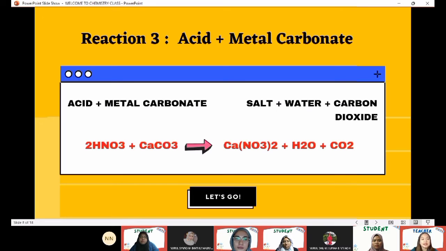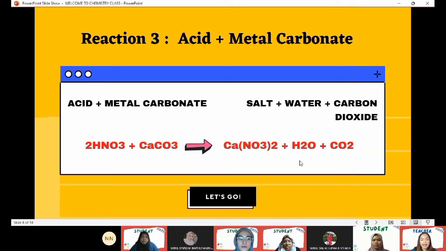And the third property is acid with metal carbonate. The reaction between acid and metal carbonate will produce salt, water, and carbon dioxide. For example, nitric acid reacts with calcium carbonate.